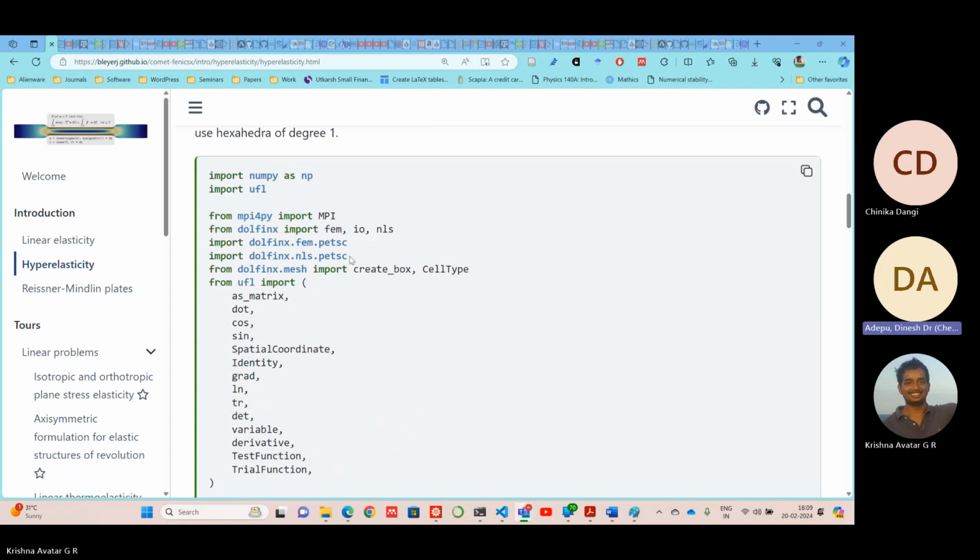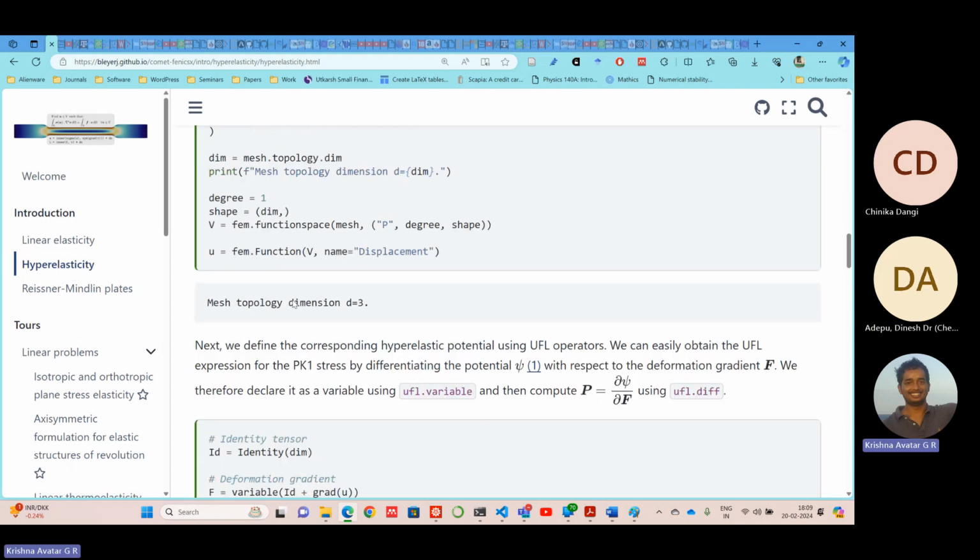We are importing one new function, which is NLS, which stands for non-linear solver. Even here we see dolfin.nls.petsc: we are using the PETSc library, but this has been implemented in the NLS class. That is the important thing here.